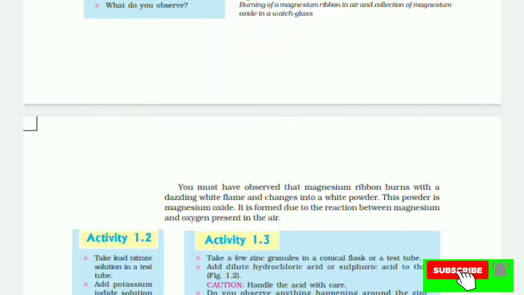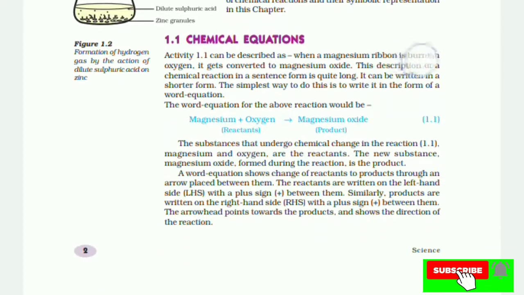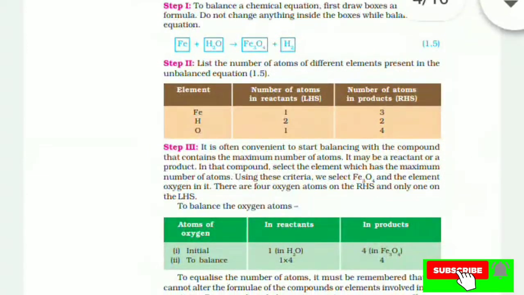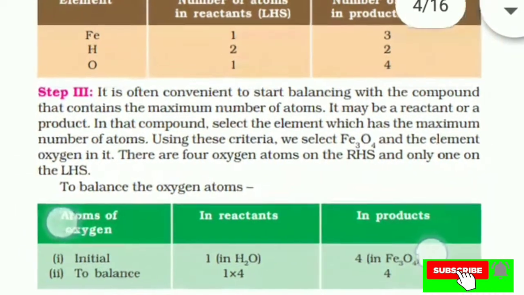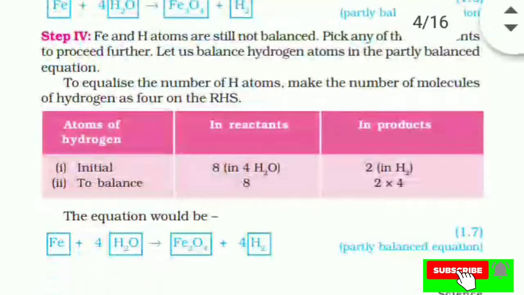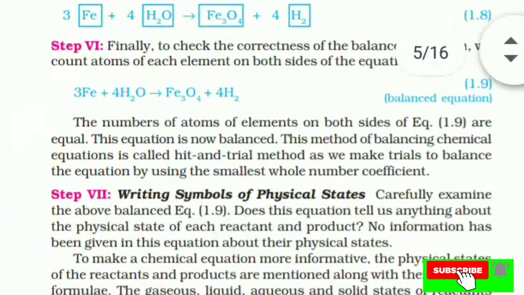In this chapter you will study the types of equations and how to balance them, and various examples of this. I will zoom in so that you can see better. It contains the equations, and the equations must be balanced.